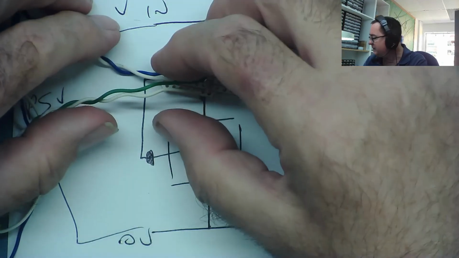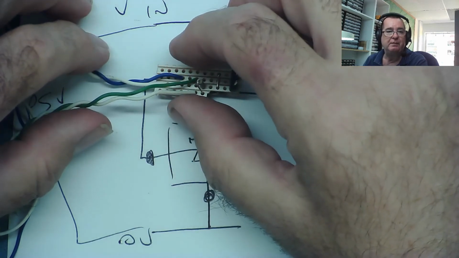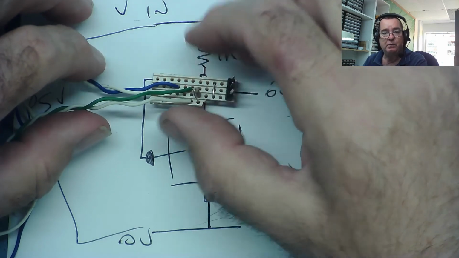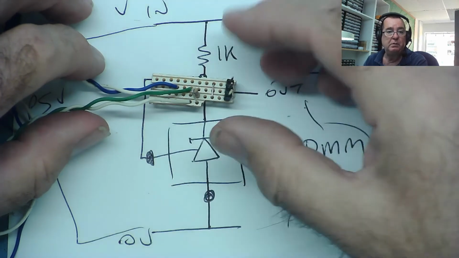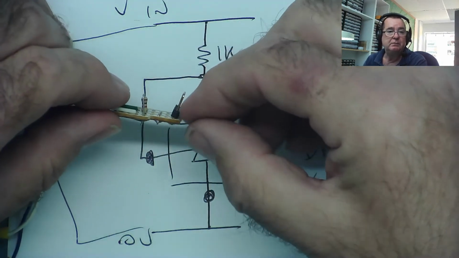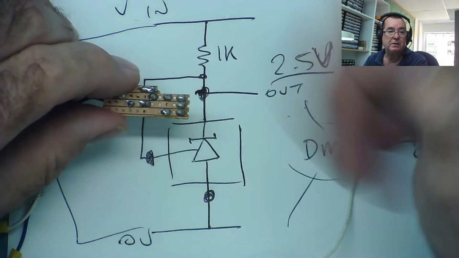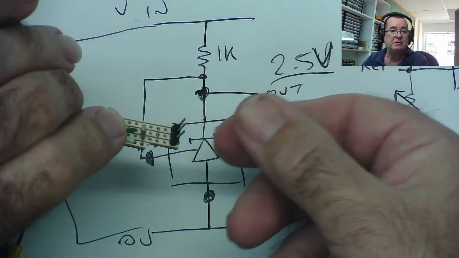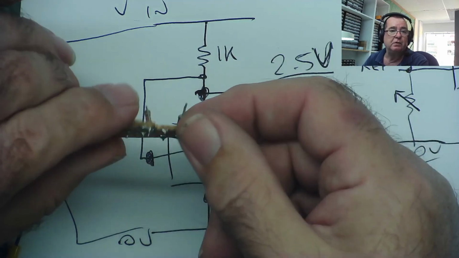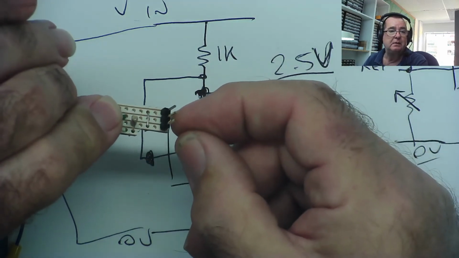Now, if I connect this up to my power supply, we'll put 5 volts into it. Then by connecting across here, we can see if the TL431 or KIA431 is working or not. And it doesn't matter which way we connect it round, as long as the middle pin goes to the middle.